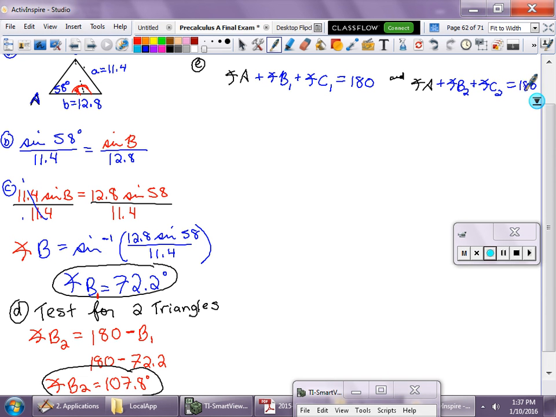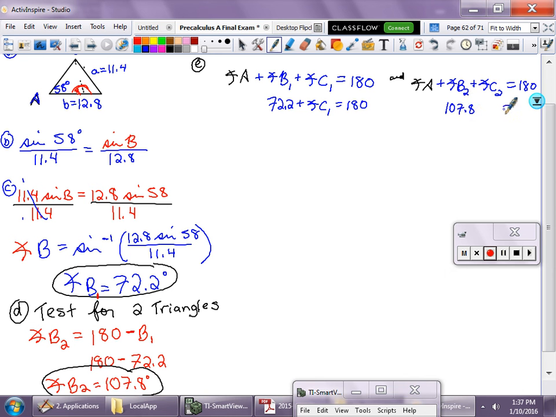So now we're working horizontally. So let me put the B1 in, because I'm already in blue. 72.2. We don't know what this is. We're just going to show all the work equals 180. And we know what B2 is. I want to make sure I get these values and don't mess up.